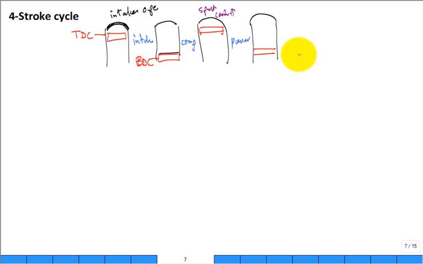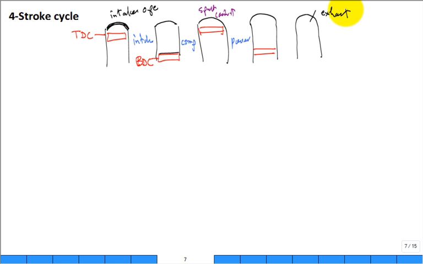Then at the bottom of the power stroke, one of the valves will cock open. It'll be the exhaust. When it kicks open right there, the gases are still at significant pressure, such that you get Mach 1, sonic speed going around that exhaust valve.